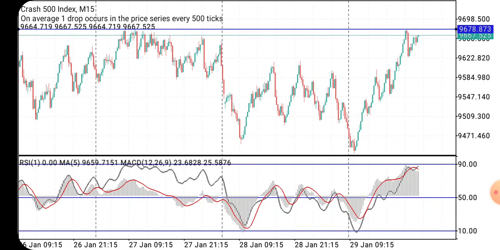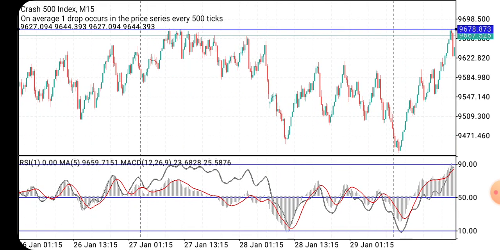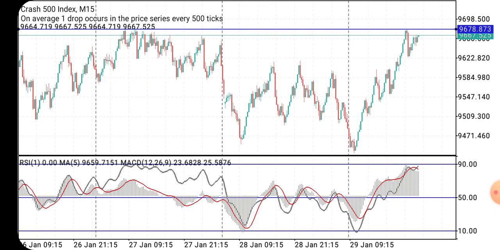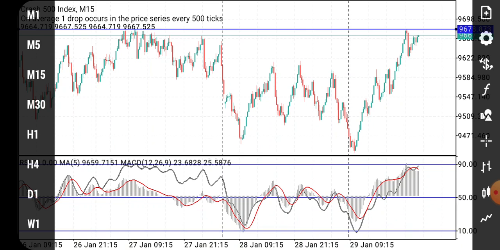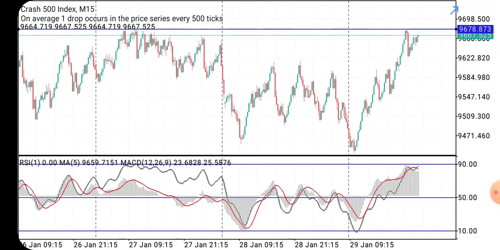Then we wait. As you can see, I previously called Crash 500 in the group. Both VIP and free group got the signal. It had approached this level and the market rejected, meaning we should have entered. Then I waited for a good candle to be formed right over here. It first rejected. I didn't enter.